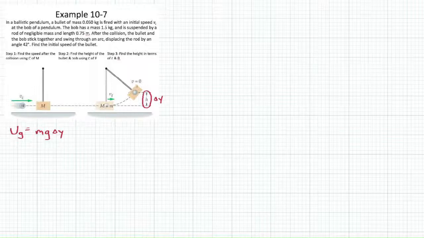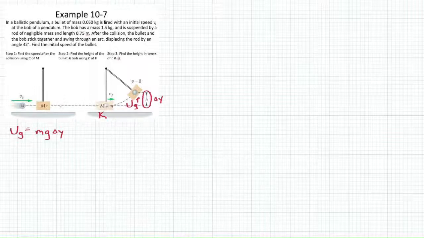Why is that important? Well, because this potential energy that the ball gains going upwards is going to be equal to basically the loss of kinetic energy that the ball and pendulum bob have down at the bottom right here.